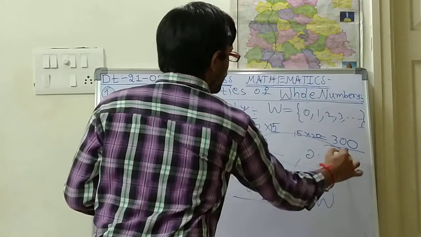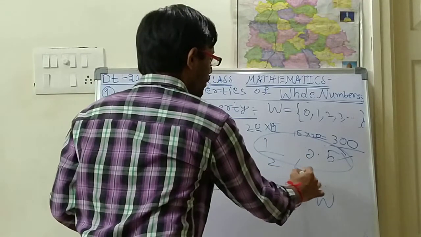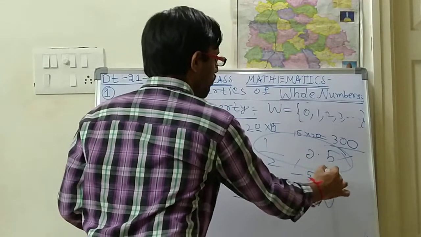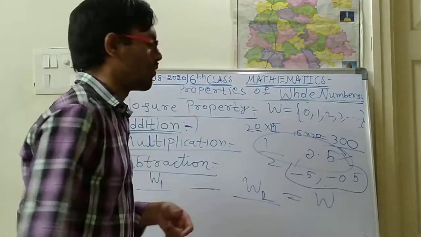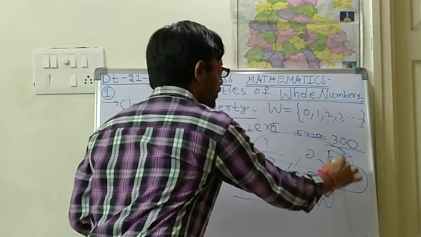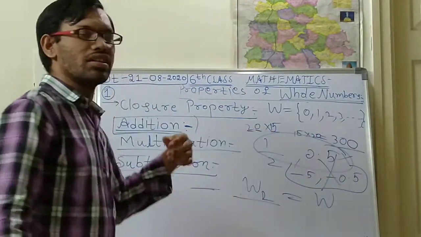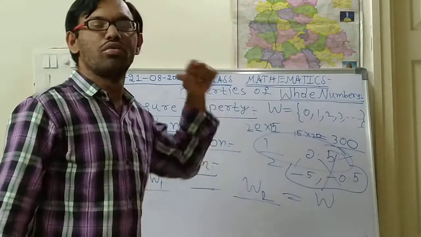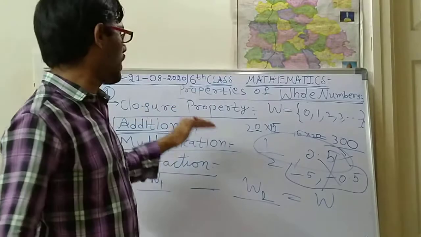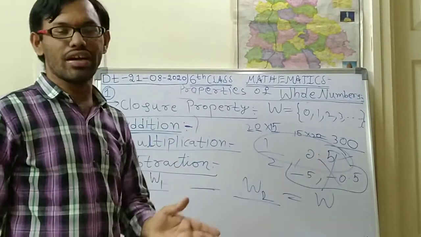This type of numbers should not come. Along with that, negative numbers, minus 5, minus 0.5, this type of numbers also should not come. If this type of result is coming, then the subtraction property won't satisfy, or else any type of property won't satisfy. So like that we have to conclude.